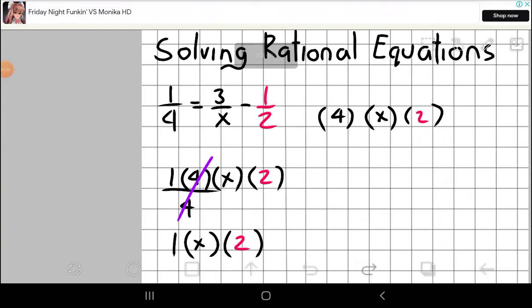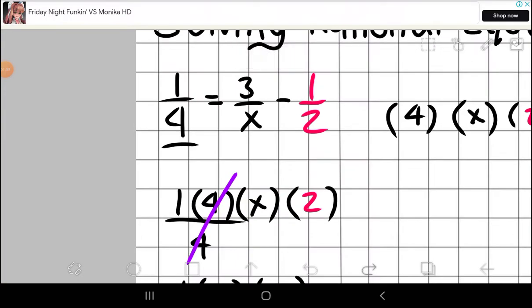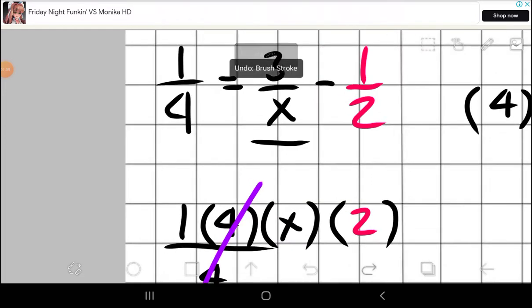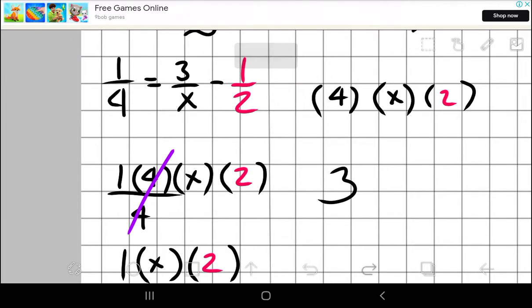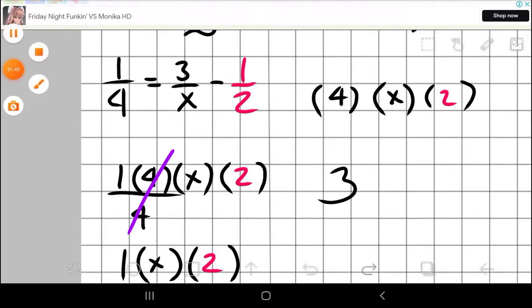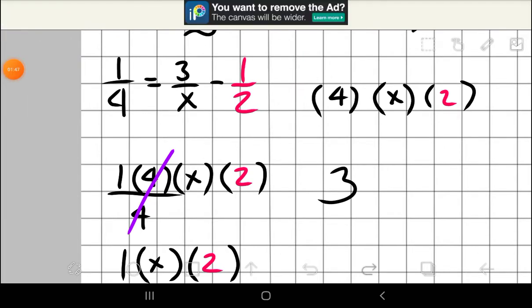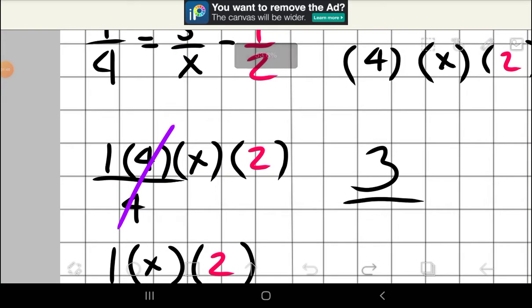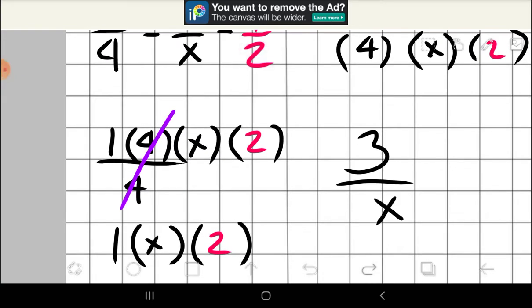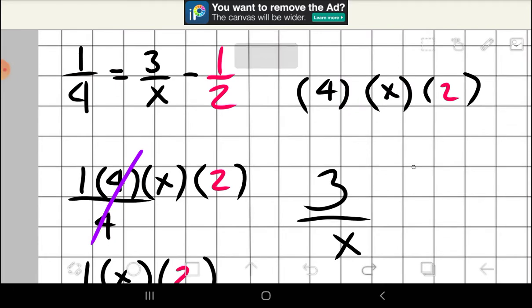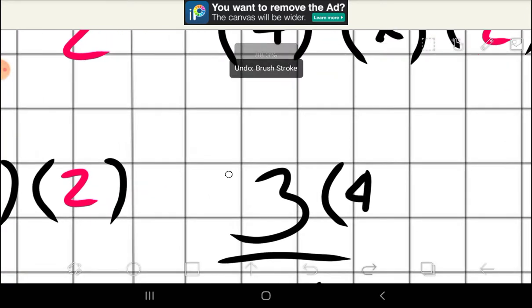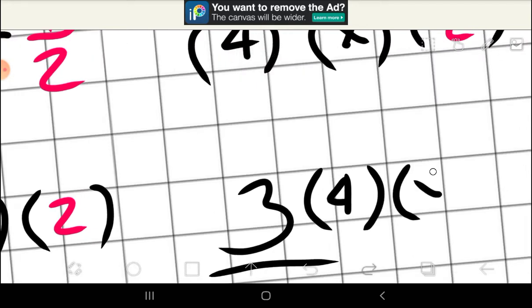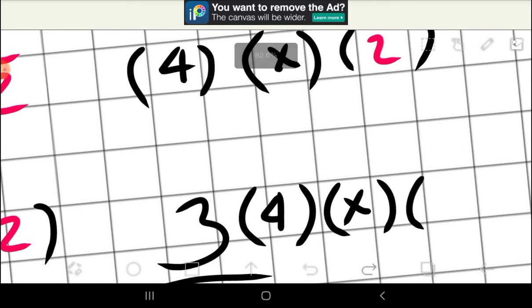Now, after we finish the first one, let's do the second one. 3 over x. Now it's going to be multiplied by 4, multiplied by x, multiplied by 2.